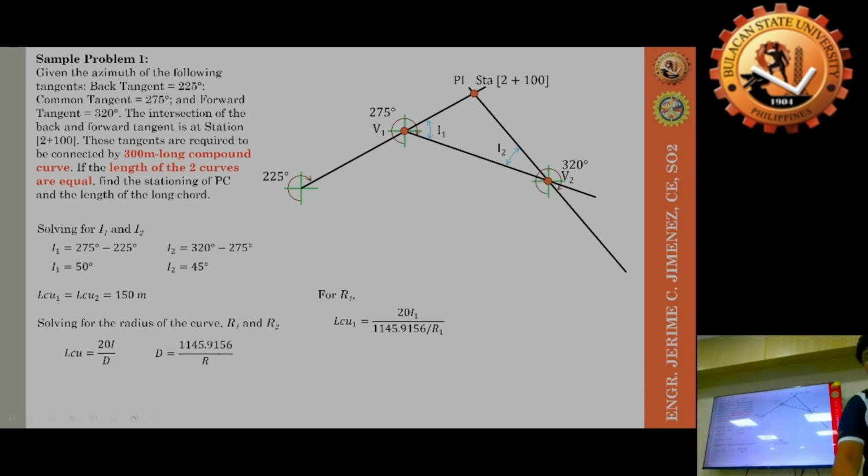Substituting I sub 1 and LCU, we have 150 is equal to 20 multiplied by 50 all over 1145.9156 all over R sub 1. Solve for R sub 1. Shift solve is okay, cross multiplication is also okay. What is R sub 1?